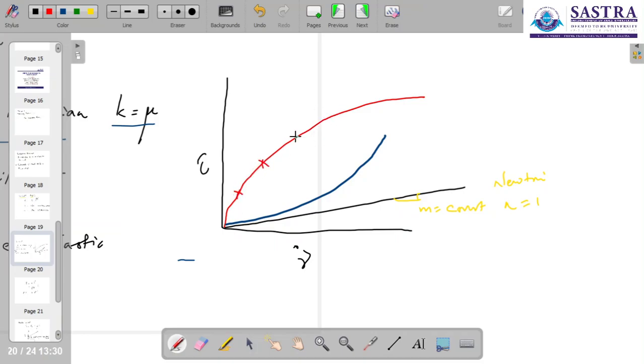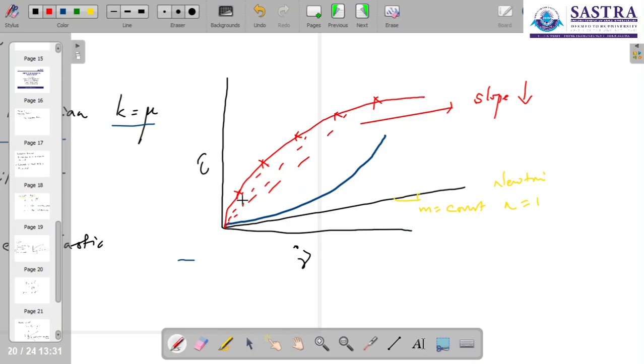Now see the fluid in the red color. Suppose these are the experimental data and you draw a smooth curve, this is how the plot looks. If you carefully observe and connect each of the points and see the slope, you can see that the slope decreases as you keep on increasing the shear rate or the deformation rate.